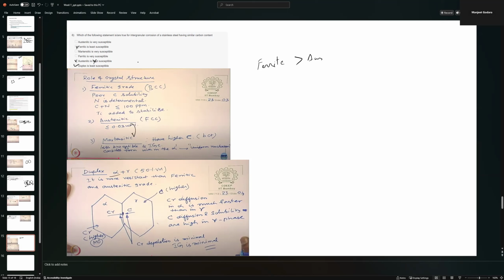Then you have austenitic steel, and then approximately equal is martensitic, and then least is duplex. The ferrite is very susceptible, it's correct. Martensite is somewhat susceptible. So these two are correct. Ferrite is the most susceptible one.